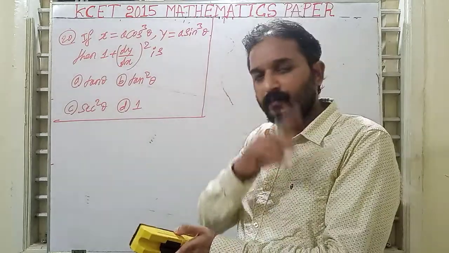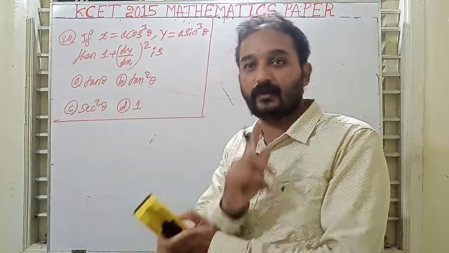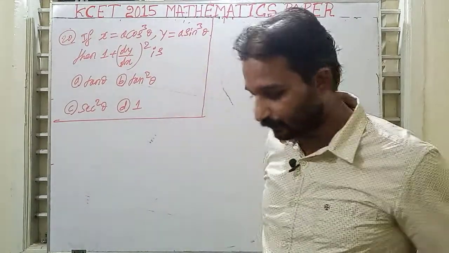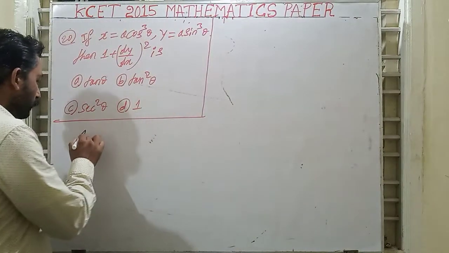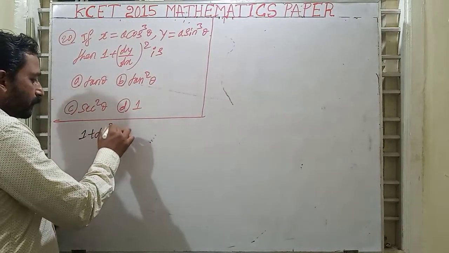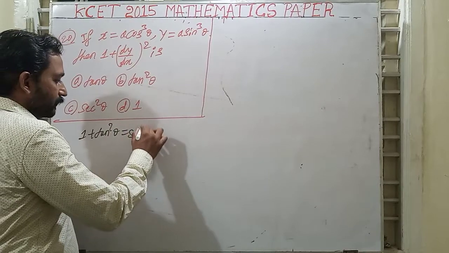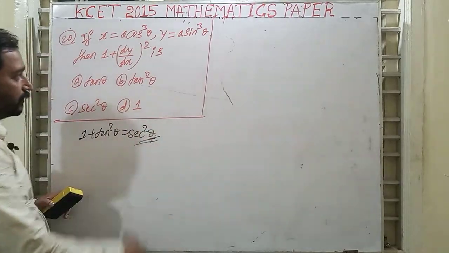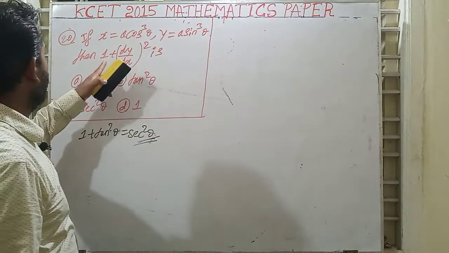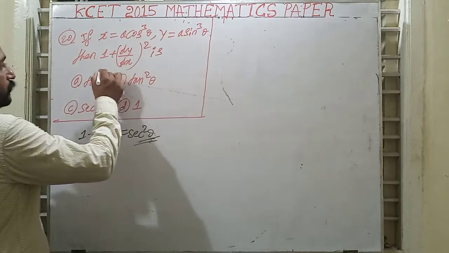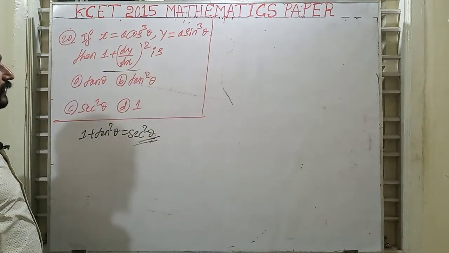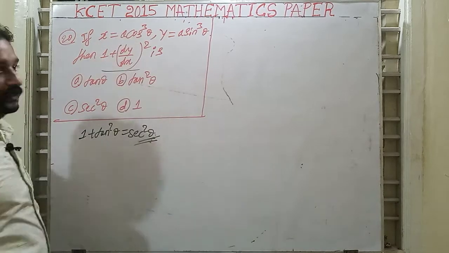We use the formula 1 plus tan square theta is equal to secant square theta. Using this formula we have to find 1 plus dy by dx whole square, using these two parametric equations.